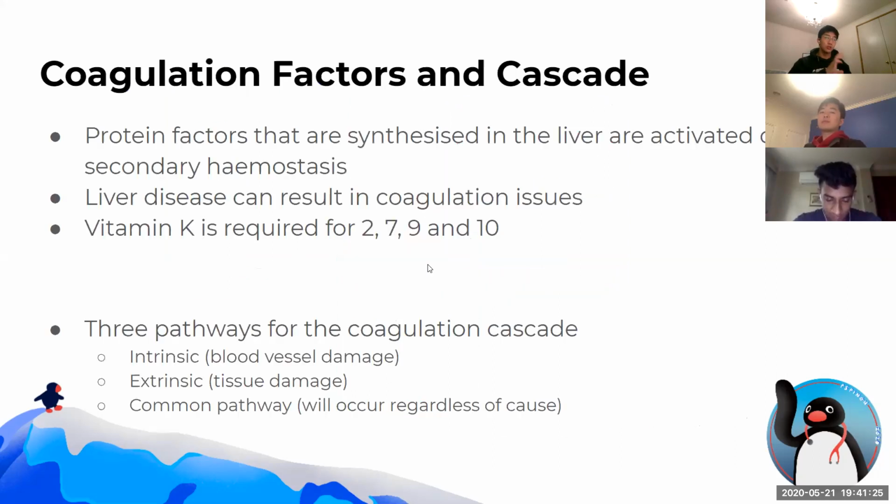Our intrinsic pathway comes from any blood vessel damage, whereas our extrinsic pathway comes from any tissue damage. A good way to remember this is thinking where we find our blood vessels and where we find our tissue. Tissue is found mostly on the outside, so that's our extrinsic, whereas our blood vessels are found inside, so that's our intrinsic.